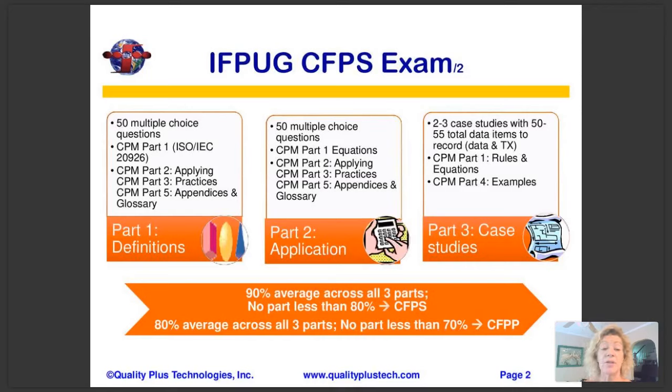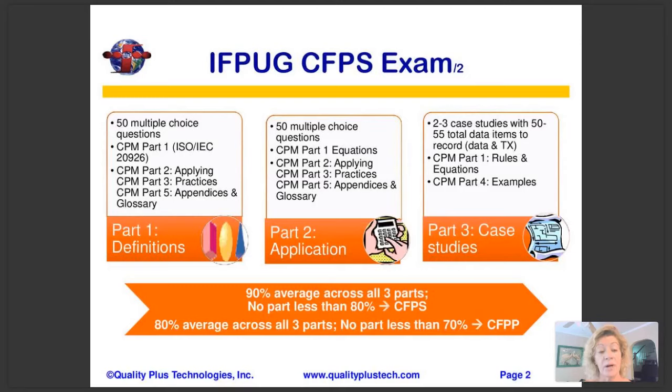It really goes through the CPM, the Counting Practices Manual, part 1. We go through and we talk about part 2, 3, and 5, which are the appendices and the glossary. You will have an online version, PDF version of the Counting Practices Manual 4.3.1.